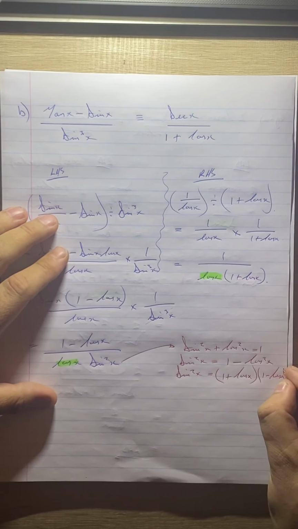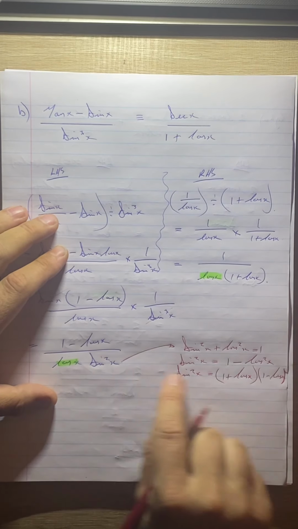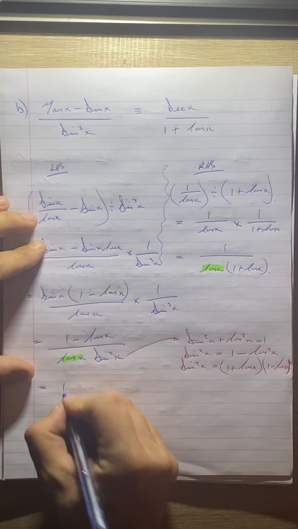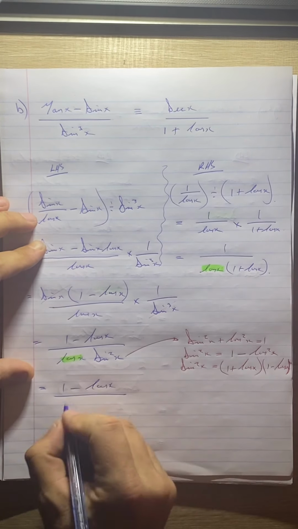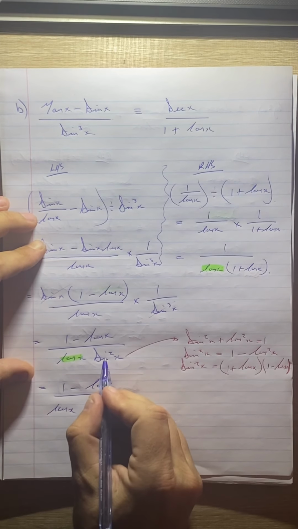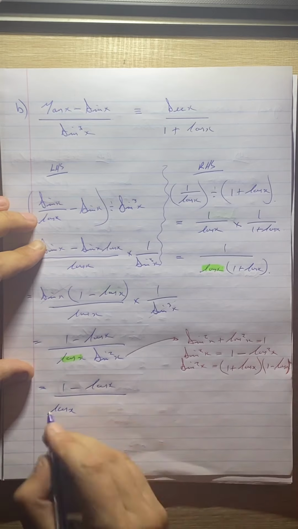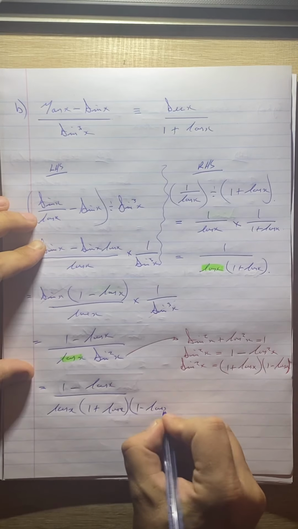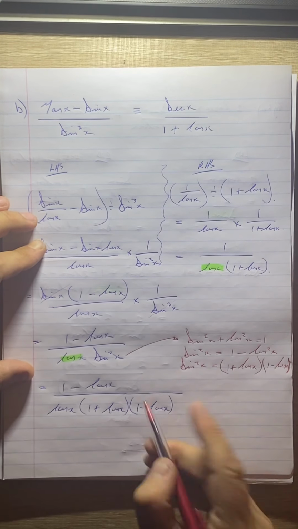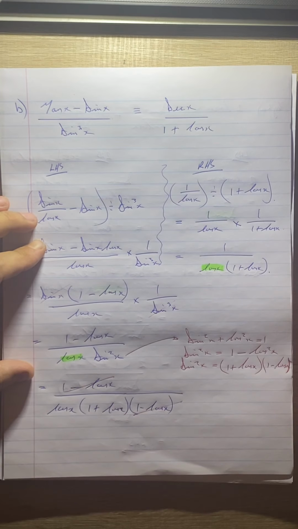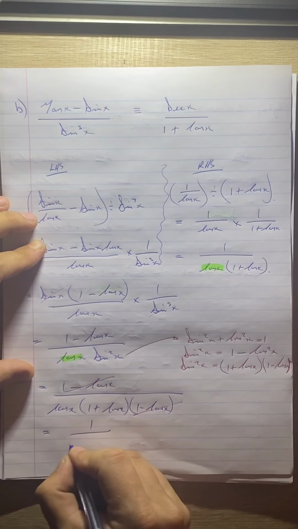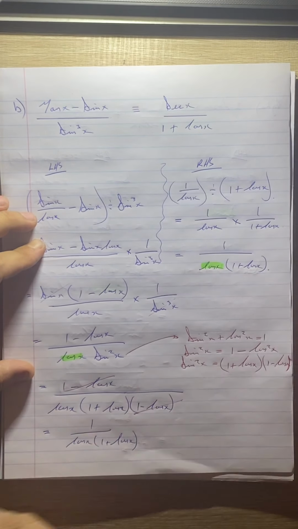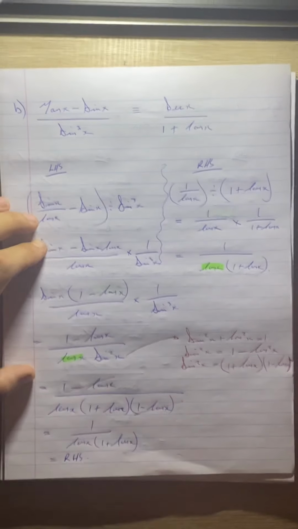And that is what I'm going to replace this sine squared with. So over here we get 1 minus cos x over cos x. Now remember that this sine squared x is replaced with this, and we get 1 plus cos x, 1 minus cos x. This 1 minus cos x will cancel with that 1 minus cos x, and we are left with 1 over cos x 1 plus cos x, which is equal to our right hand side. And we have proved that identity.